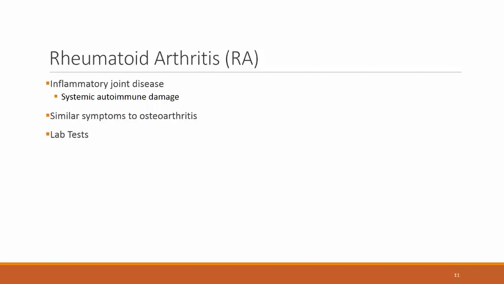But again, the rule of thumb is, if small joints are affected, it's most likely rheumatoid arthritis, big joints, osteoarthritis. Symmetrical involvement, both hands, rheumatoid arthritis. Asymmetric, one knee, it's osteoarthritis. So symmetrical, rheumatoid. Asymmetric, osteo.